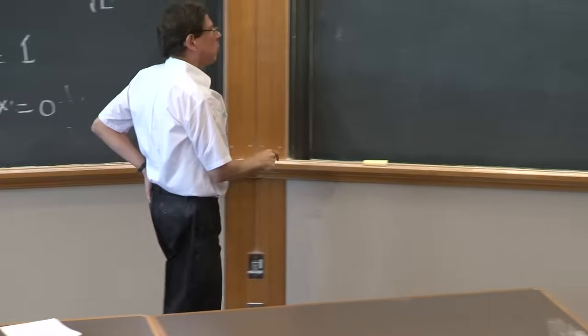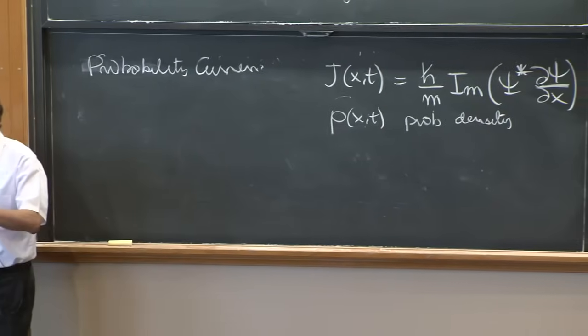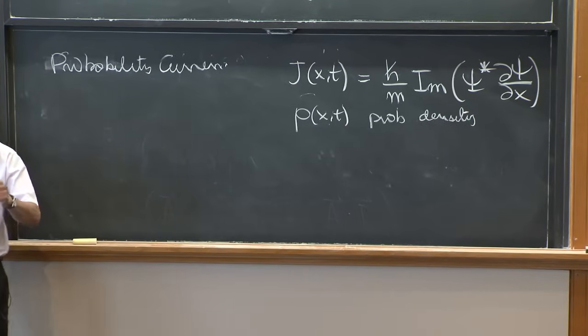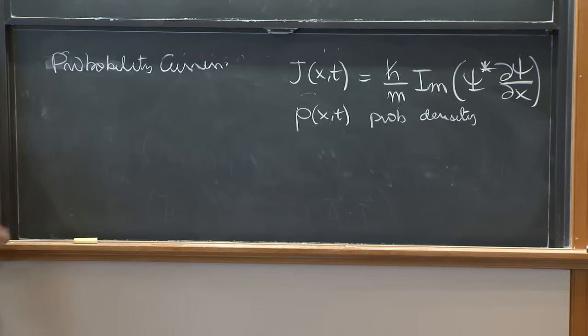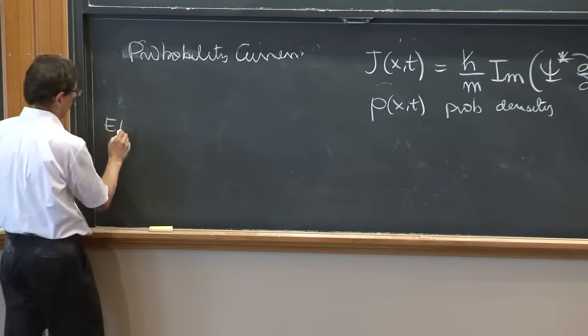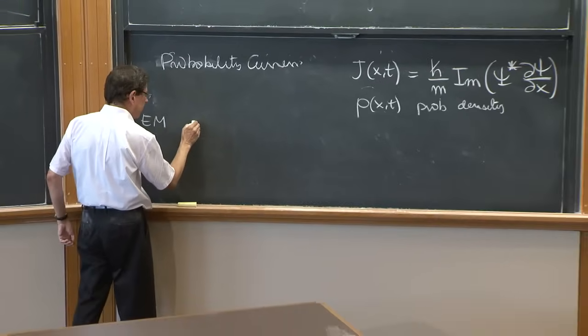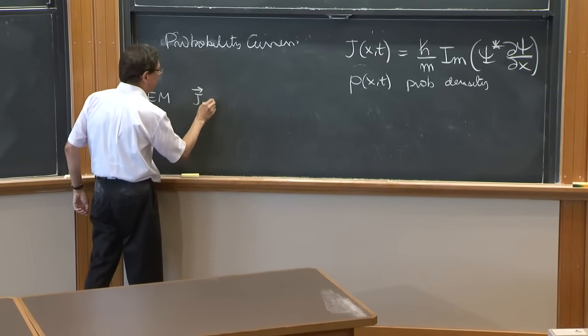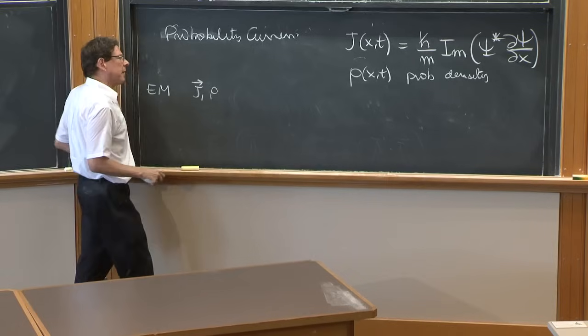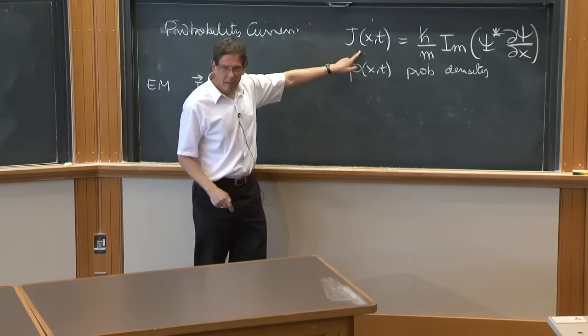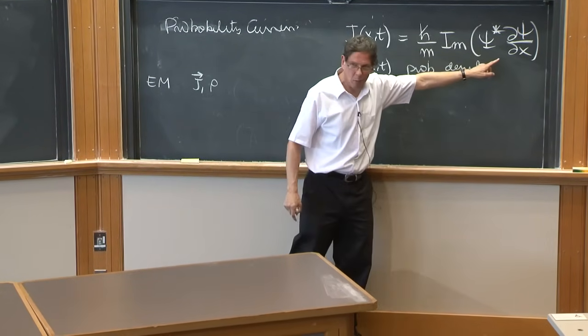Let's think a second what this means. In electromagnetism, you have currents and charge density. In E&M, you have a current that is a vector and a charge density. Now, this current could also be a vector if you're working in more than one dimension.